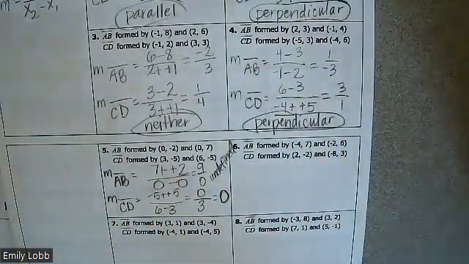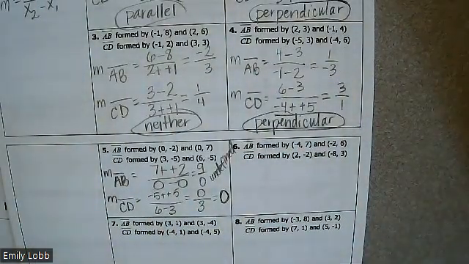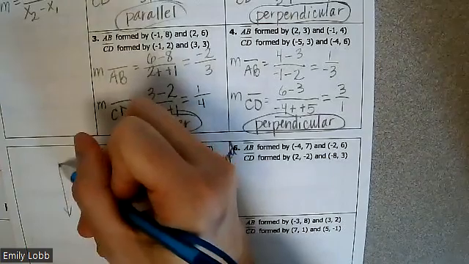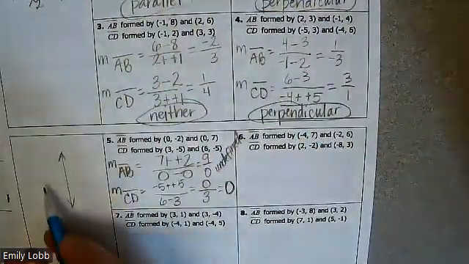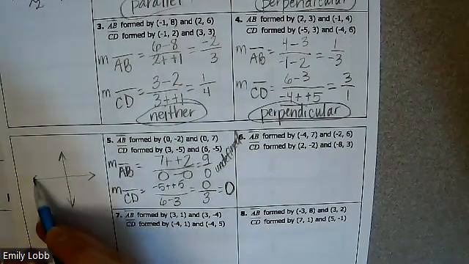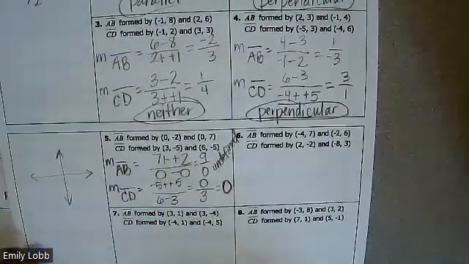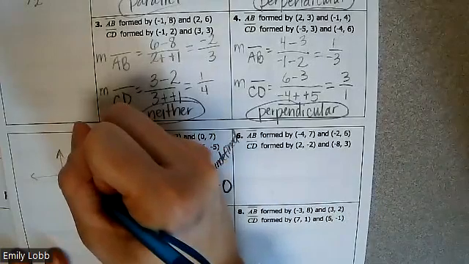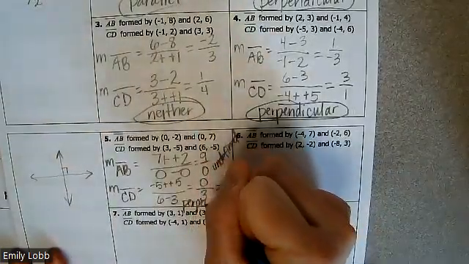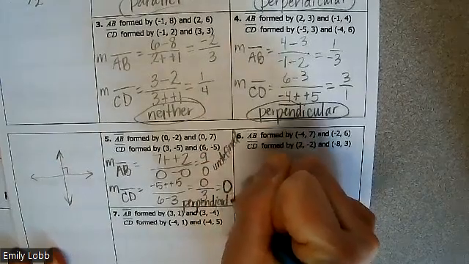So what did we learn about the slopes 0 and undefined? They are opposite reciprocals of each other. Remember, this is undefined. You fall off the cliff, right? And this is 0 fun. So these two lines intersect at 90-degree angles, and they are perpendicular.